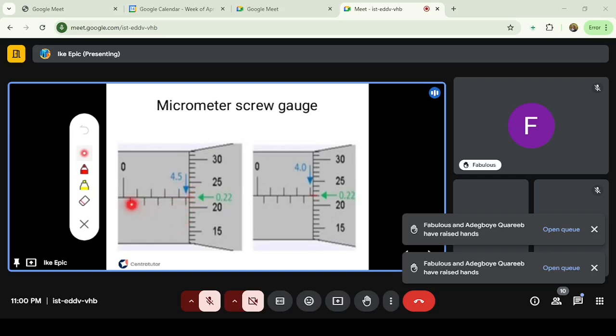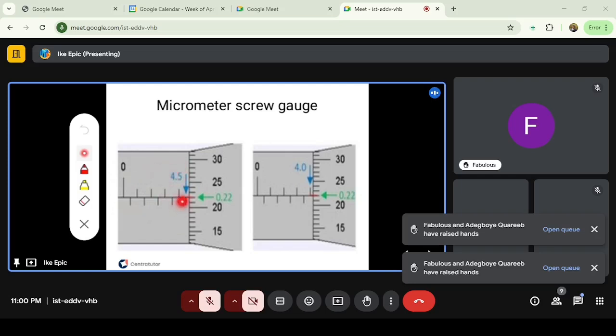So it's just 0, 0.5, 1, 1.5, 2, 2.5, 3, 3.5, 4, 4.5. The last reading you see on the main scale is your main scale reading.